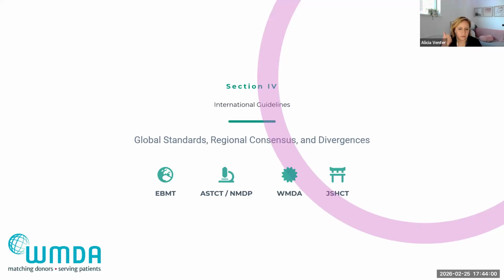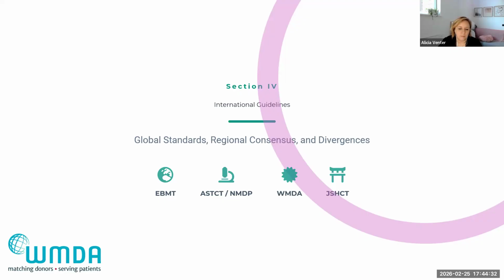EBMT, which gets all of their data from European centers; ASTCT, NMDP, and CIBMTR, which are more in North America, Canada, and that part of the world, more to the west; and WMDA, which standardizes operational and product quality standards, a definite global standard or globally enforced standards.